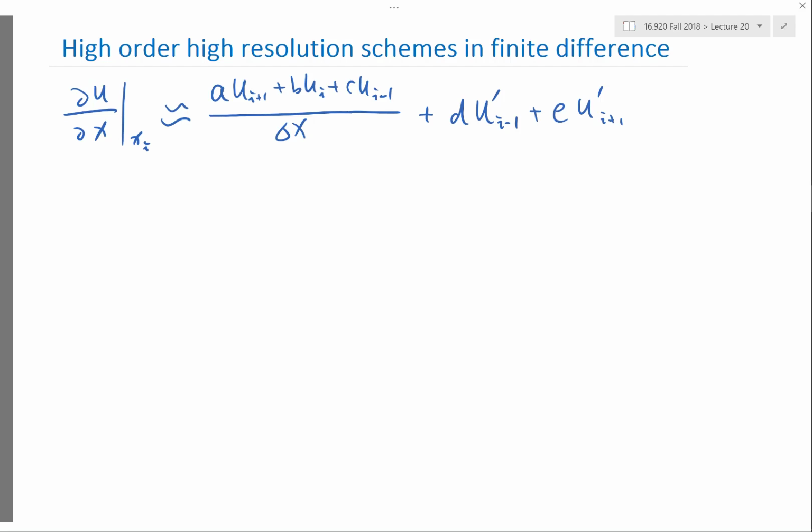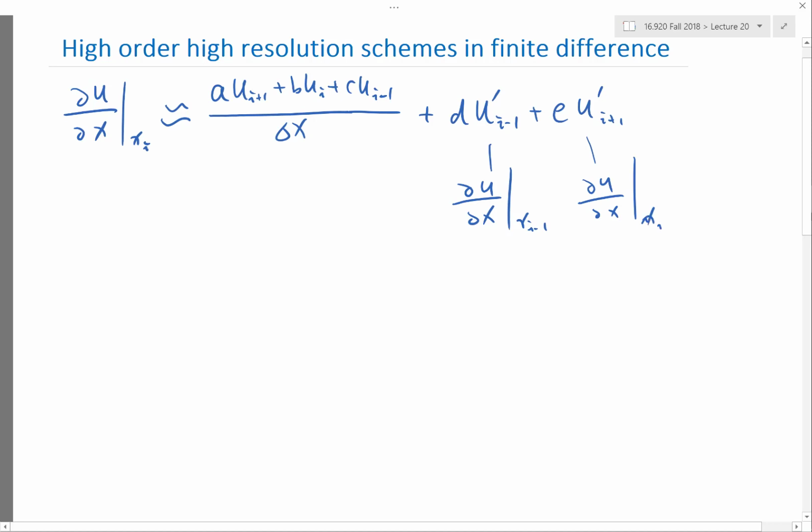Isn't that circular? Anybody want to take a stab at whether this is a completely pointless scheme that there is no way for me to actually use? Because this is the derivative at xi minus 1. This is the derivative at xi plus 1, right?